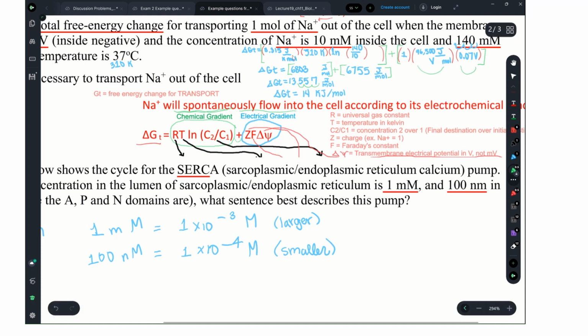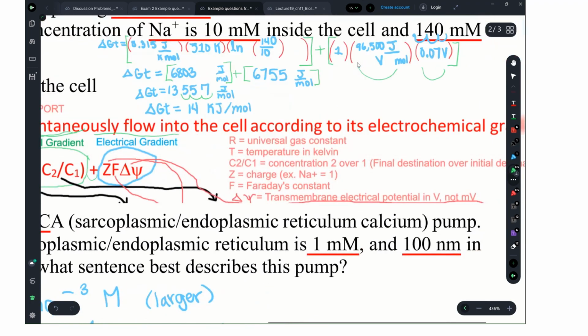Okay, so now we're going to go ahead and do the math here with the information that we were given. So practice this math a couple of times. It's actually really easy, but you want to make sure you know how to do it. So delta G is equal to the universal gas constant, so that's just 8.315 joules per Kelvin times mole times 310 Kelvin. They gave us the temperature in Celsius, so you have to be able to convert to Kelvin.